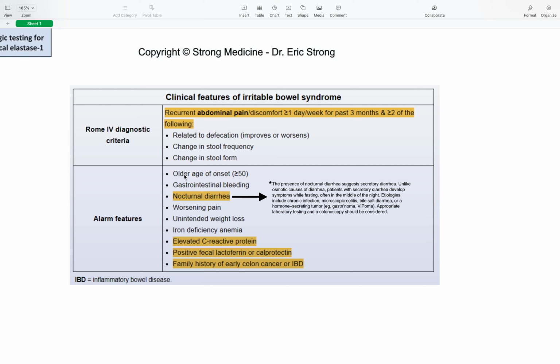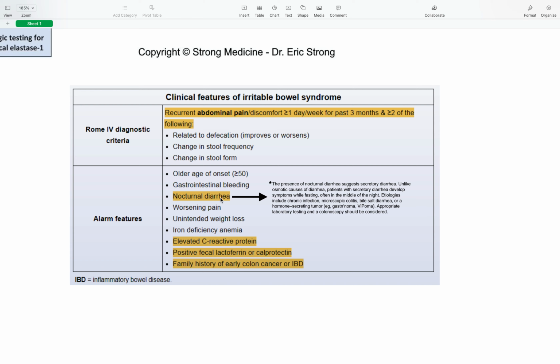Okay, so older age of onset, 50 or more, gastrointestinal bleeding, nocturnal diarrhea, worsening pain, unintended weight loss, iron deficiency anemia, elevated C-reactive protein, positive fecal lactoferrin or calprotectin, family history of early colon cancer or inflammatory bowel disease.